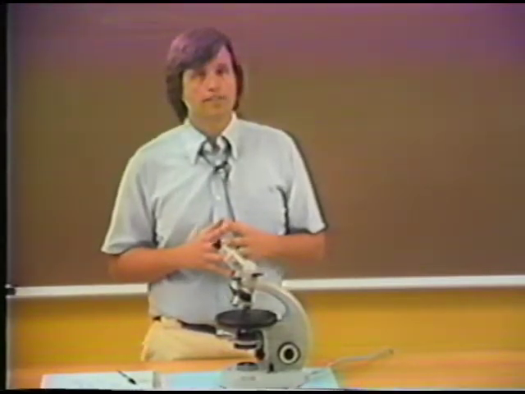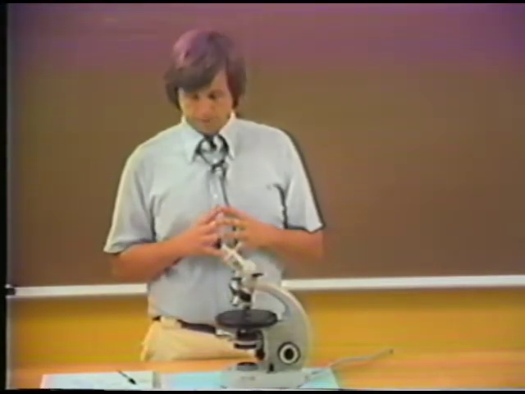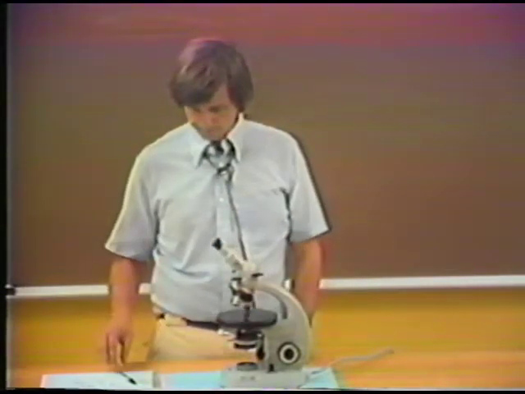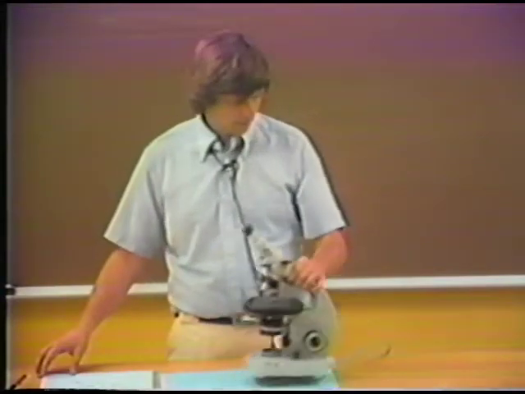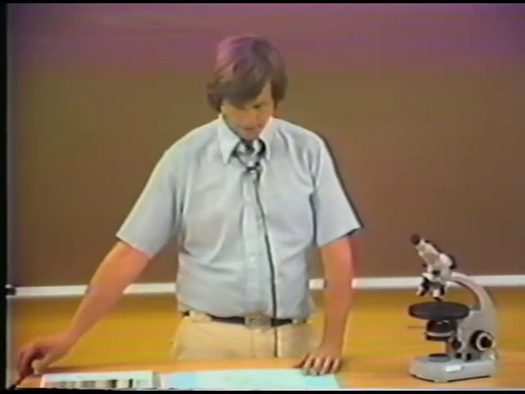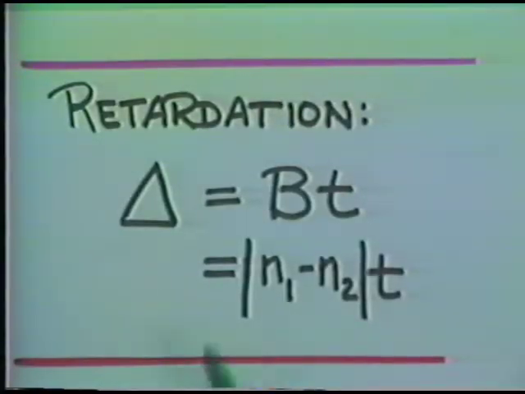Well, if we can't evaluate relief, we can make a very good estimate in orthoscopic view of the birefringence of a particular mineral. And the way we do this is by application of a review of this formula which we looked at last time, in which the retardation is equal to the birefringence times the thickness.